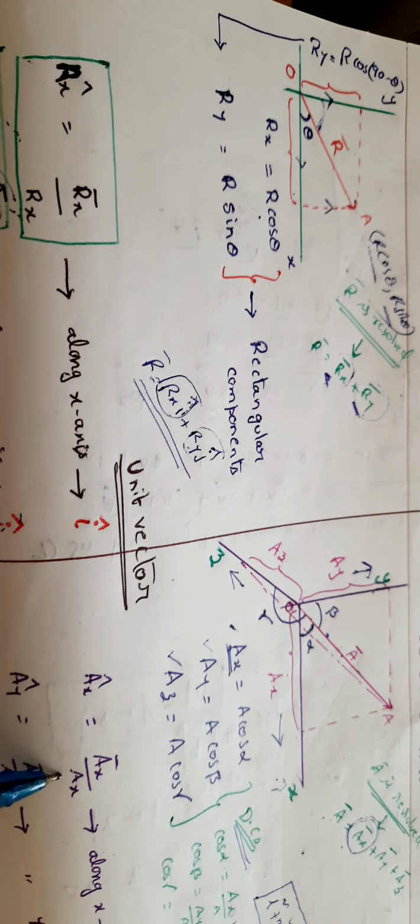I'll take A square LCM: Ax square plus Ay square plus Az square by A square. And where modulus of A square is Ax square plus Ay square plus Az square. That is what you will be learning from three-dimensional analysis. So therefore this is equal to 1. Right. So pause for a moment.